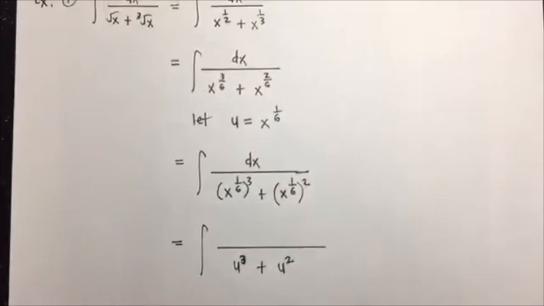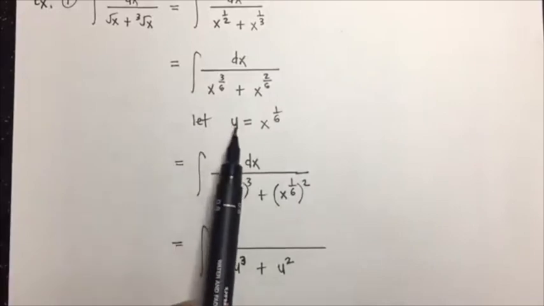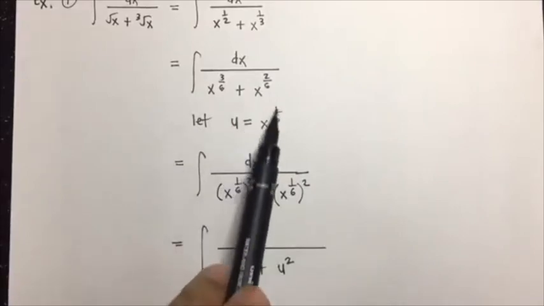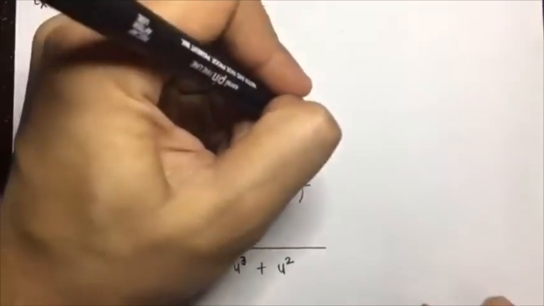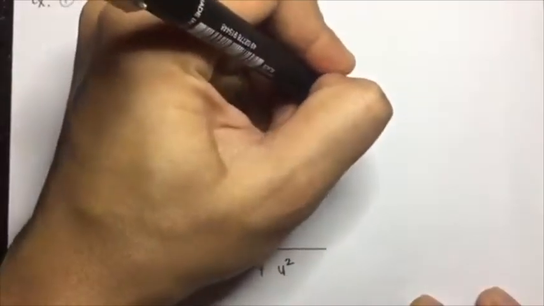On the numerator, we will also express x in terms of u. If we let u as x raised to 1 over 6, raising both sides to 6, we see that u to the power of 6 is equal to x.